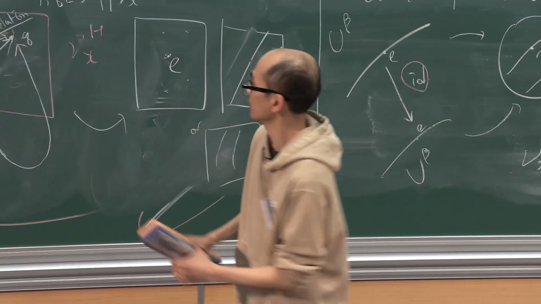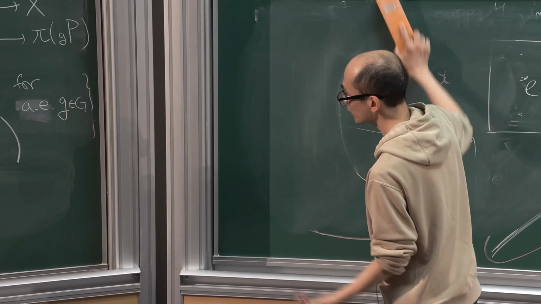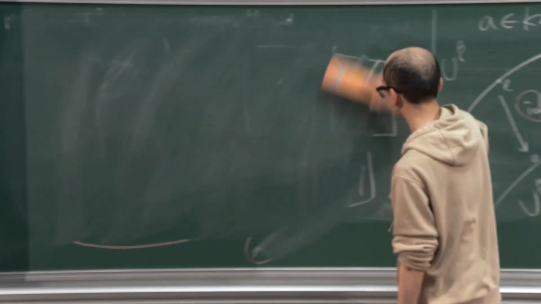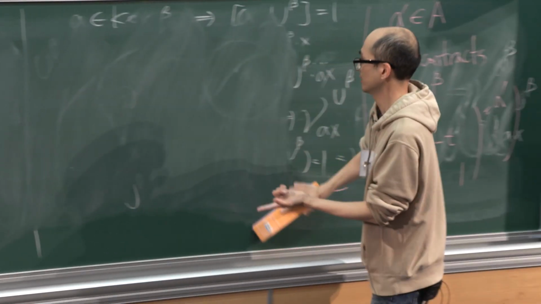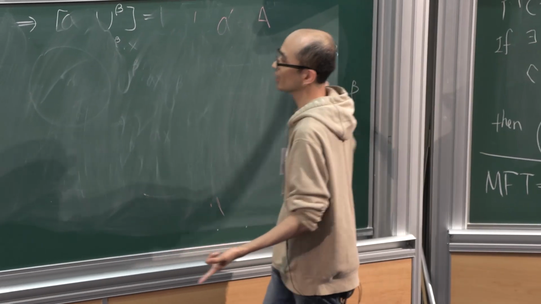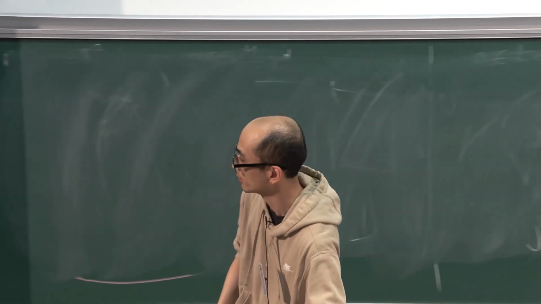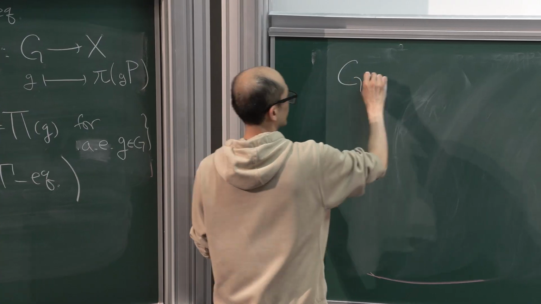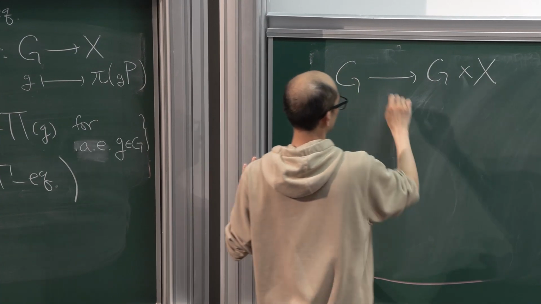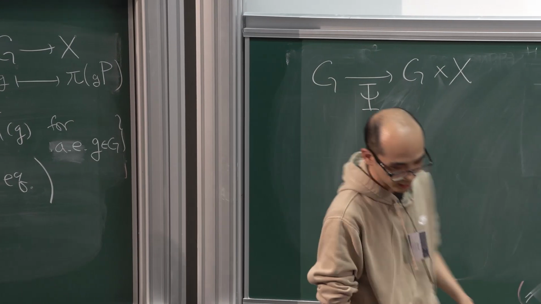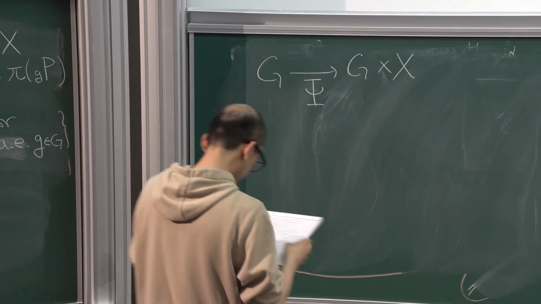Now, how can you show that a map is injective? Well, the one way I know is to draw the graph. So let's draw the graph. Let's say this is psi. I think I use psi for my notation.